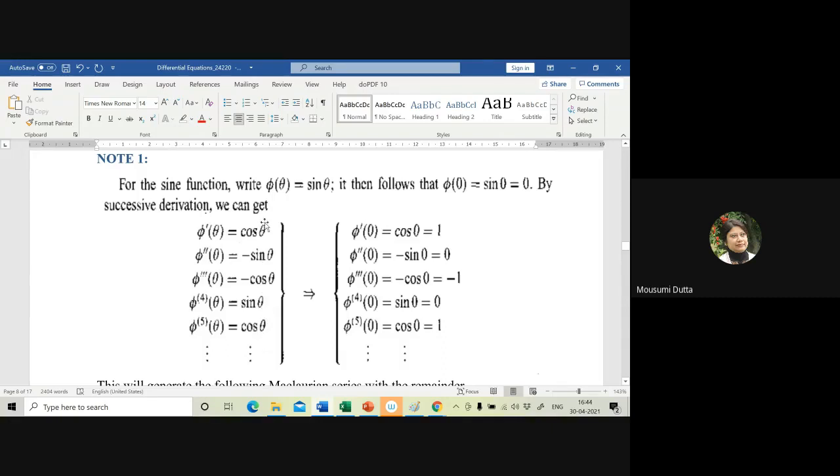Tell me whether you are understanding up to this. Instead of considering the functional form we so far considered in our analysis, here I am considering a sine function. As I consider a sine function, I can write the derivatives in this way.